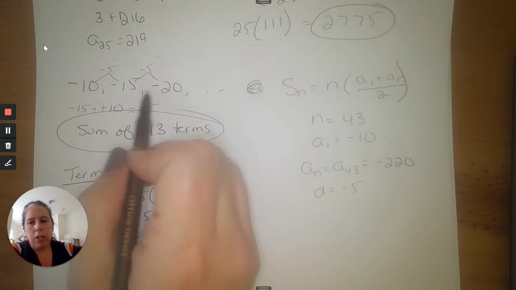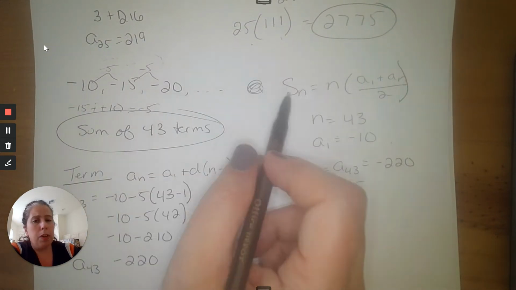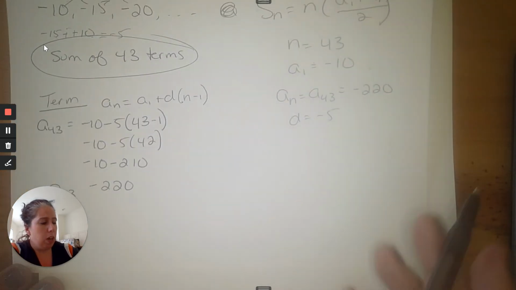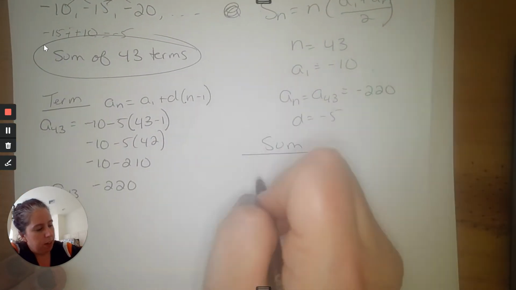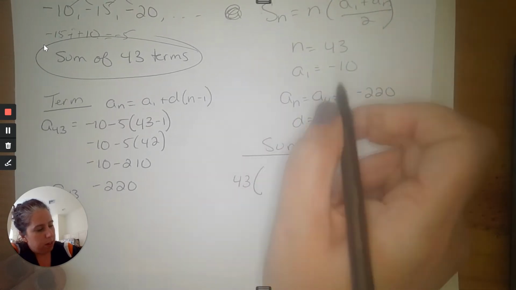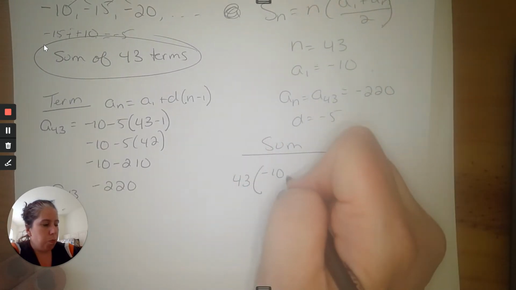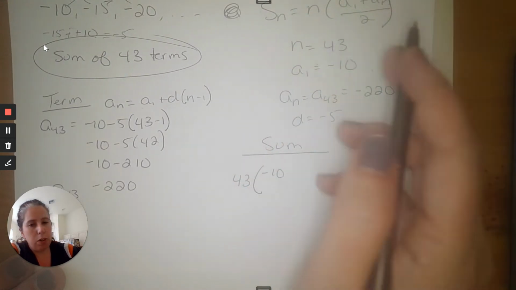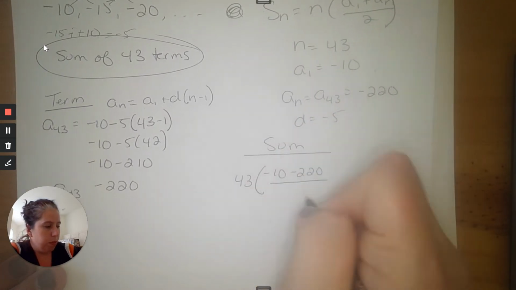Now we've got a whole bunch of negative numbers here. If I keep adding negatives to negatives, I get more negatives, so your answer is going to be negative. It's okay. Now we're going to do the sum formula. So you need n, which is 43, times a1, which is negative 10. Now, you can do plus negative 220, I'm just going to do minus 220, whatever floats your boat, divided by 2.